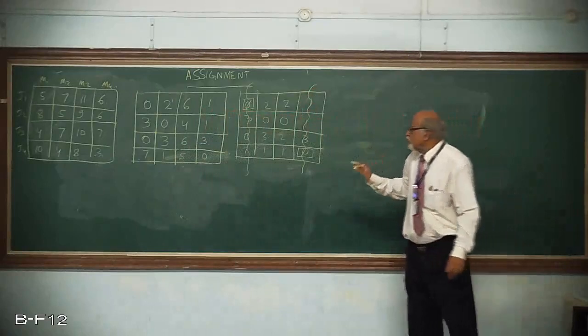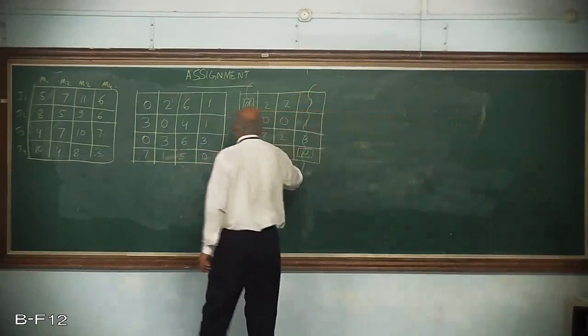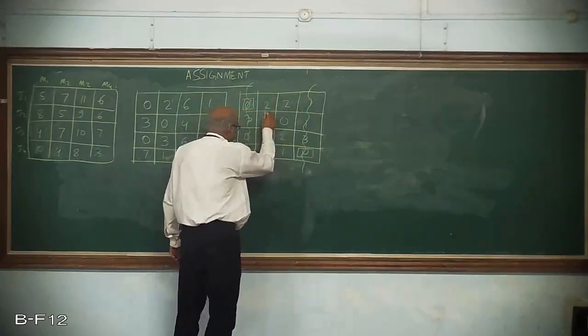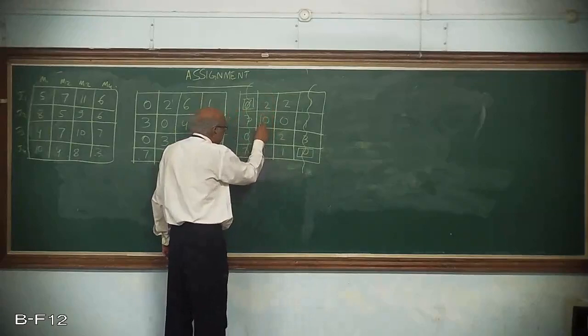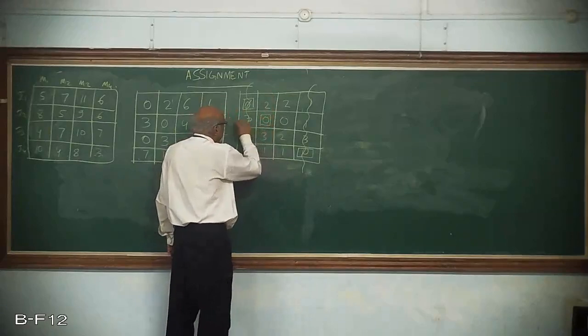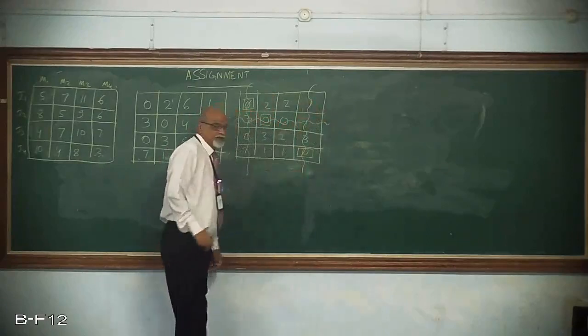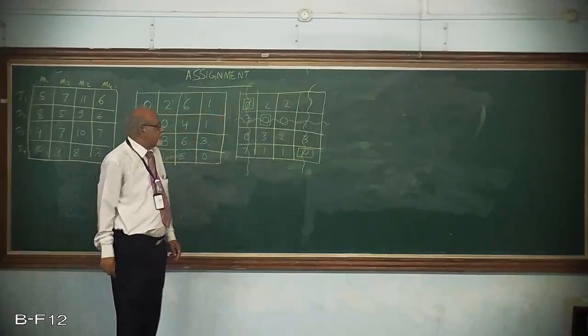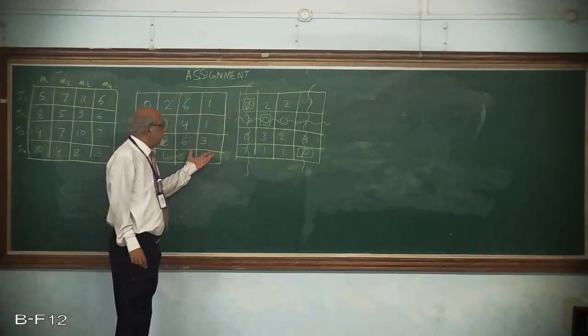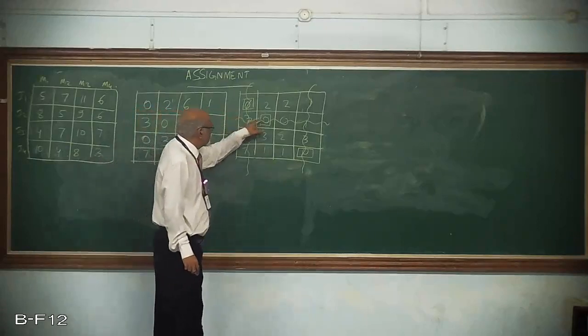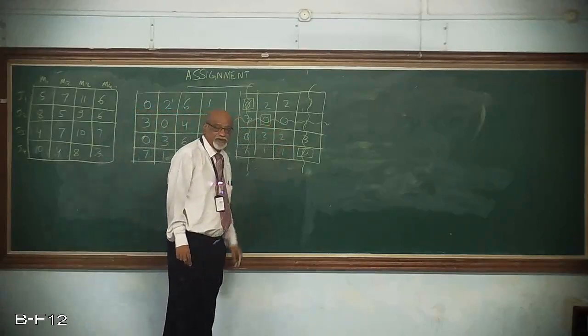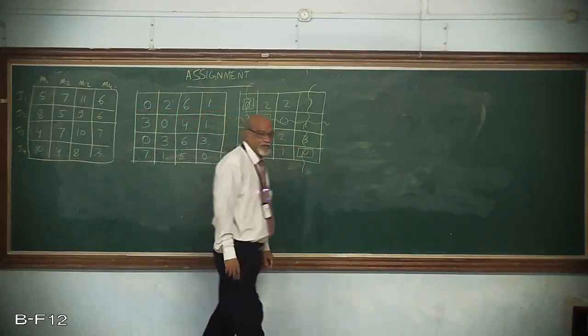Now I'll go by column. This column I don't have. This column is there. There is exactly 1 zero in this column. I'll mark it and I'll draw the vertical line. Got this one? So now what I have done, even though 1, 2, 3, 4, 5 zeros were there, I was able to cover them with only 3 lines.